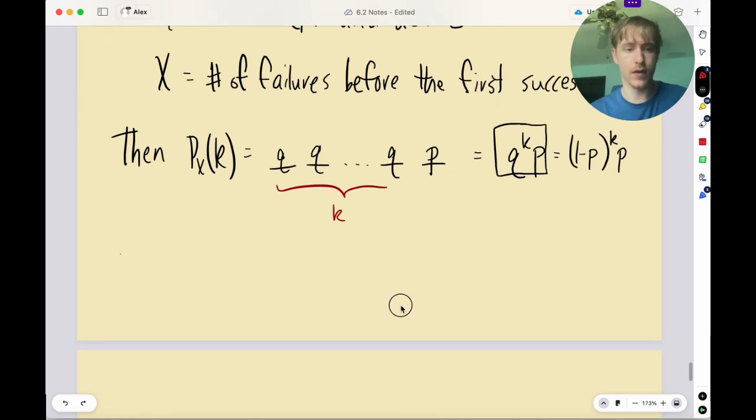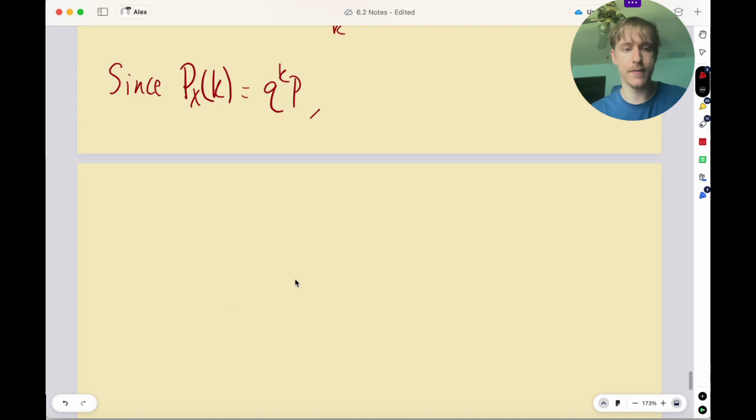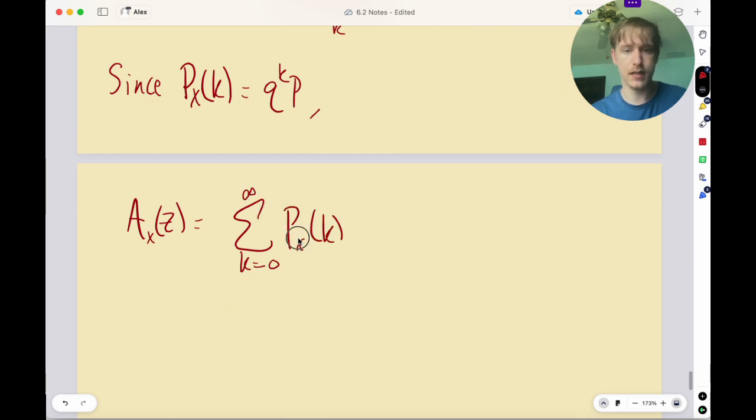Okay, so let's go ahead and start on the generating function. So since we have that the PDF was q to the k times p, we can do this in the same way. So the generating function, which was defined as the sum of the PDF of x at k times z to the k, where I'm just going to plug the PDF in, that is q to the k times p.